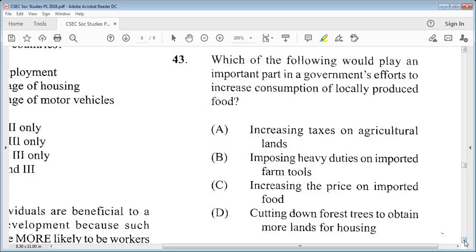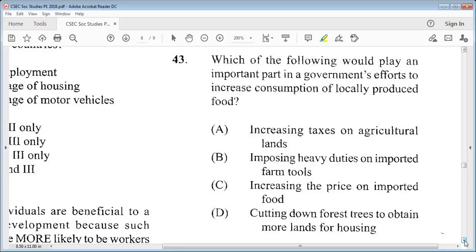Okay, let's look at A, increasing taxes on agricultural lands. If the government increased taxes, how would that affect the consumption of locally produced food? Notice it says locally produced food. That wouldn't have an effect on it. So we could take out A as well. Let's look at B, imposing heavy duties on imported farm tools.